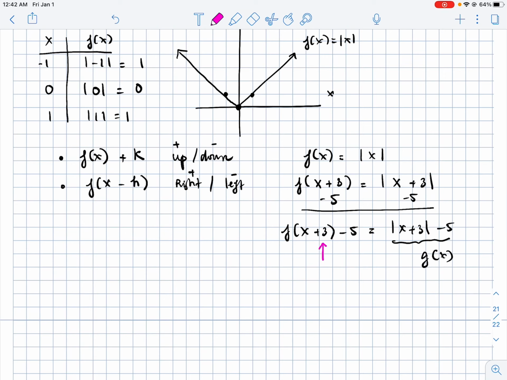So the function g will have the same graph as the function f, but it will move 3 units. In the formula it is a minus, so this is the same thing as x minus negative 3. So h is negative, and you go to the left 3 steps. And the minus 5, you will go down.